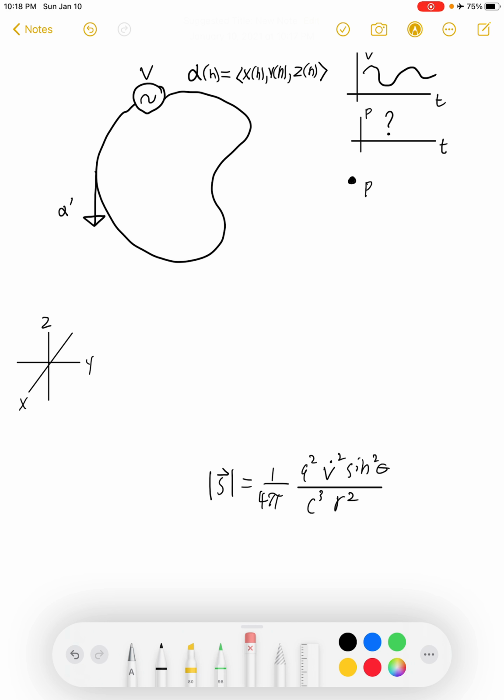I'm going to say, let's go back to Wikipedia. So we're going to need to find the drift velocity. How do the charges actually accelerate as a function of voltage?